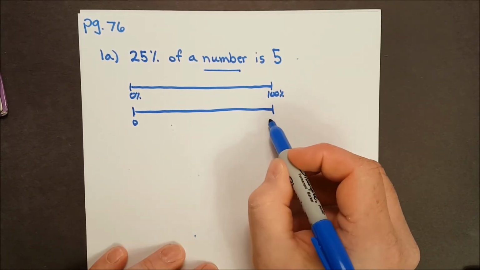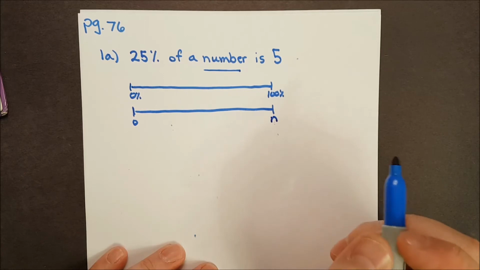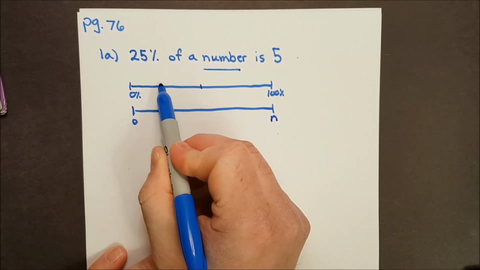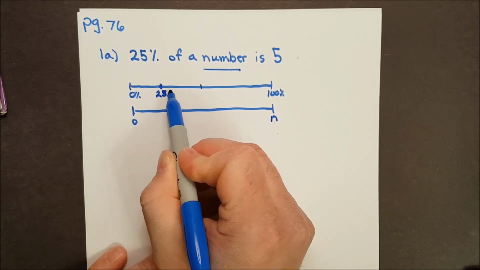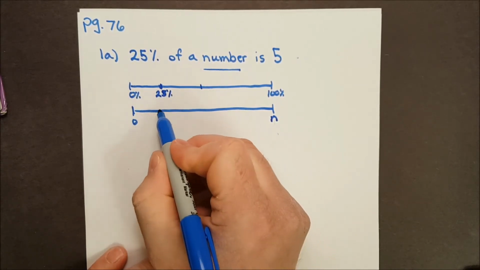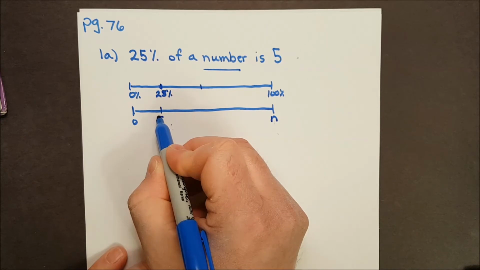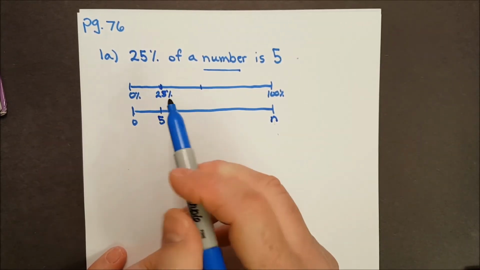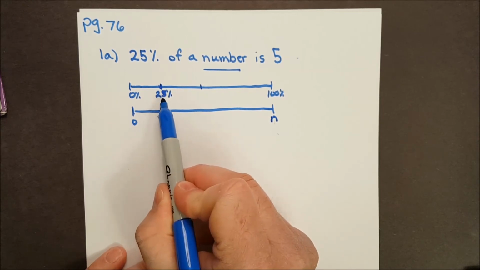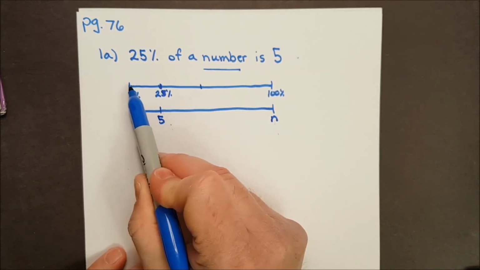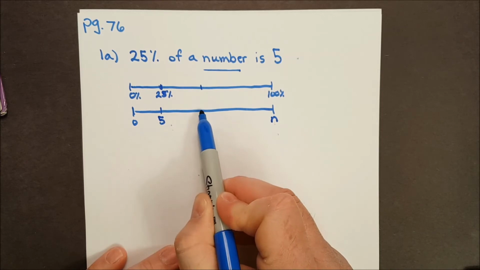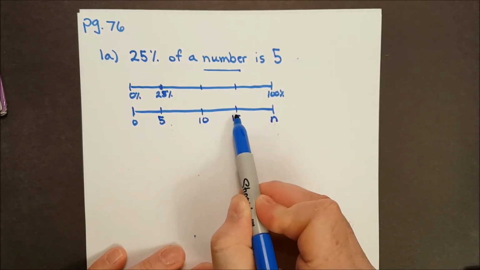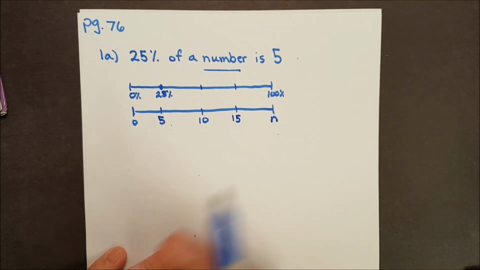So we don't know what 100% is, so we'll label that as n, but we do know that 25% of a number is 5. Now, we can do this by inspection once again. 25% is 1/4, so 25, this would be 10, 15, the answer would be 20, n would be 20.